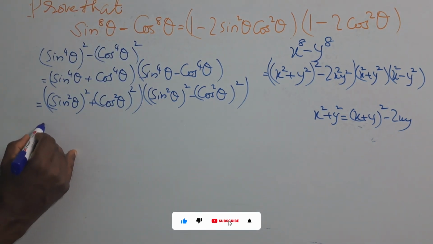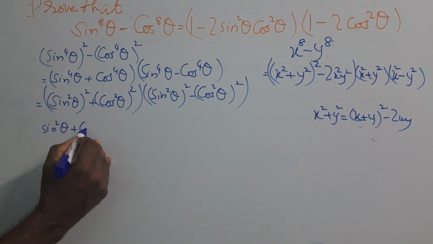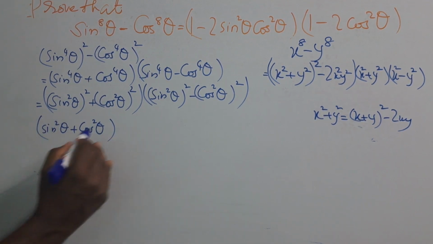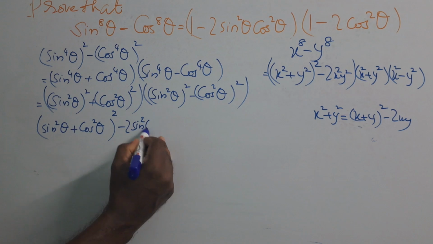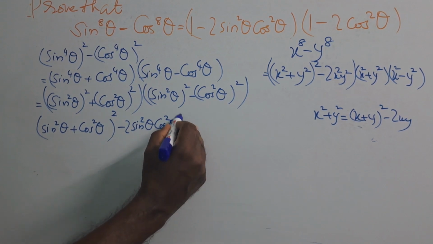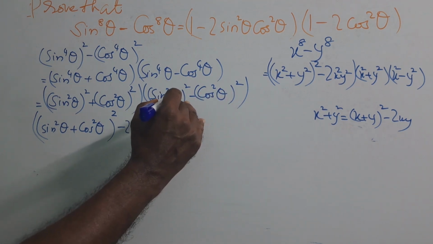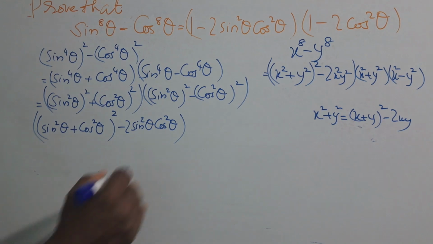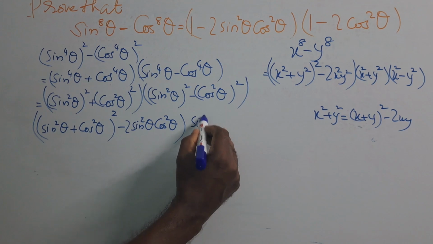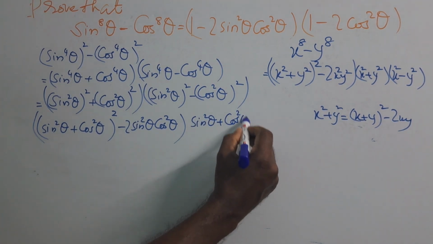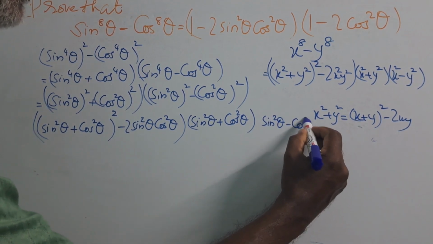This can be expressed as sine square theta plus cos square theta the whole square minus 2 sine square theta cos square theta into, this is sine square theta the whole square minus cos square theta the whole square, x square minus y square, x plus y into x minus y, sine square theta plus cos square theta into sine square theta minus cos square theta.